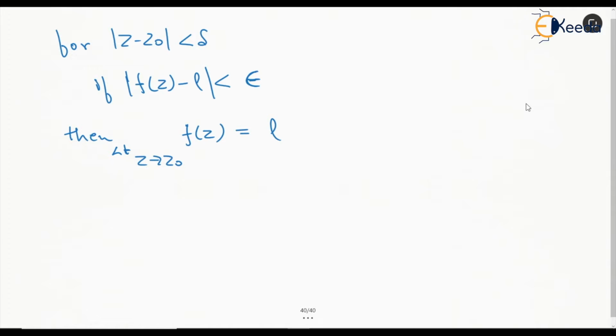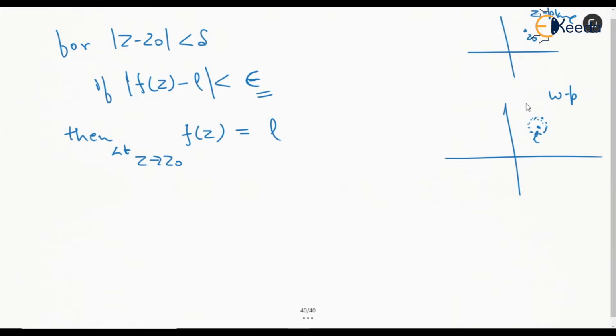So the point is, when you are approaching z naught, let's say this is your z plane and you are approaching z naught, then correspondingly for the w plane, this f of z should approach some value L. Let's say this is L, so it should keep coming closer to L, and you can say the radial distance will be less than the epsilon.